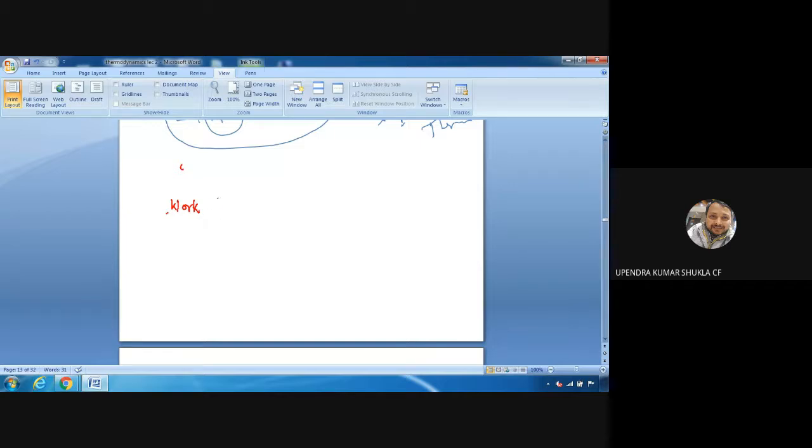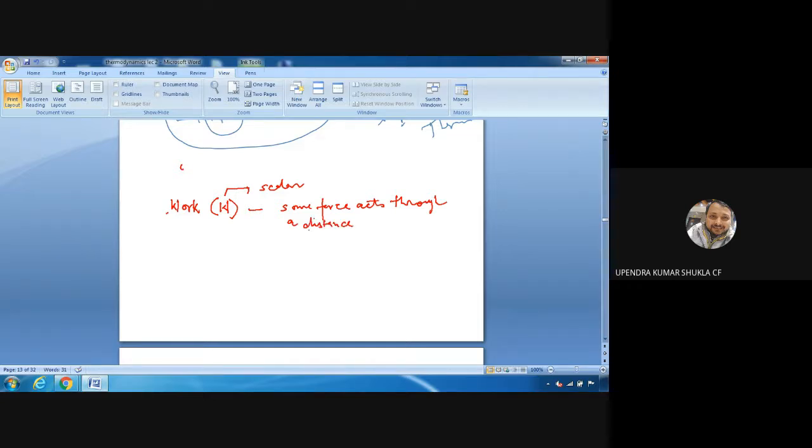Work is generally represented in most textbooks by W, and this W is a scalar quantity. Now, what is work? Work is said to be performed if some force acts through a distance.